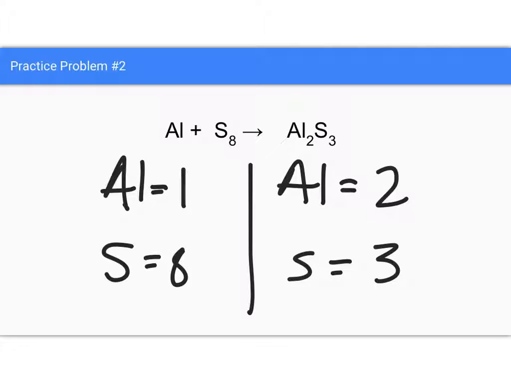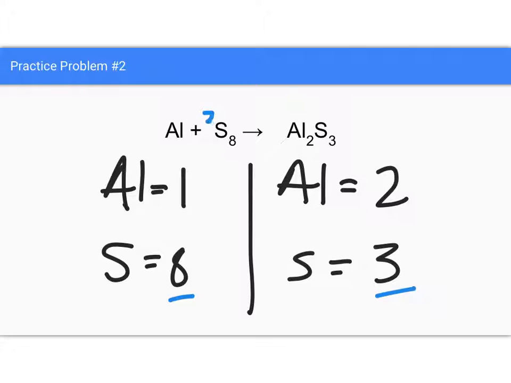So when I look at this and I see 2 and 1, that's easy to fix. But now I'm looking at sulfur and I've got 8 on the left and 3 on the right. Those two numbers are a little bit more different than I'm used to. So I have to think about this, kind of like you do in math class. What's the smallest number that both 3 and 8 will evenly go into? 3 and 8, well 3 times 8 is 24, so I might as well try that.